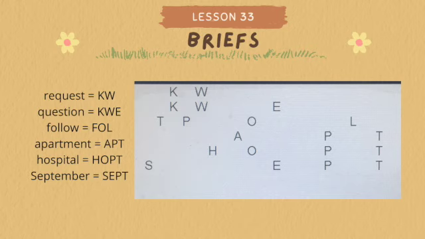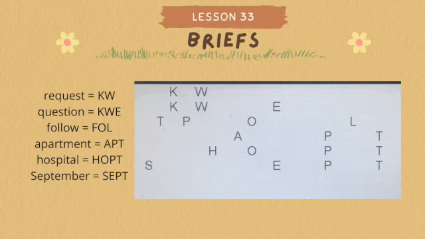Okay? So again, it's very important that we remember these briefs because it helps us to be fast when taking dictation. And with that, we are able to cope up with the dictation as well as being accurate.